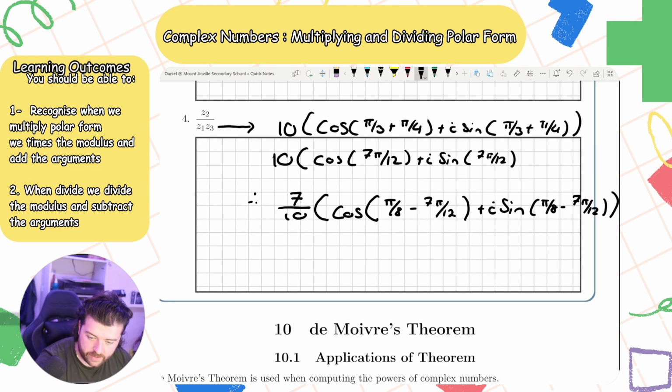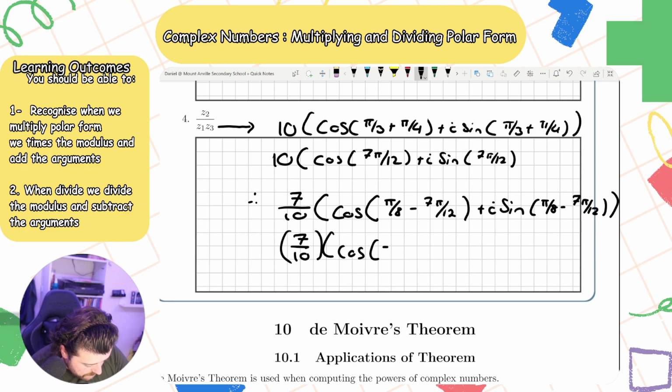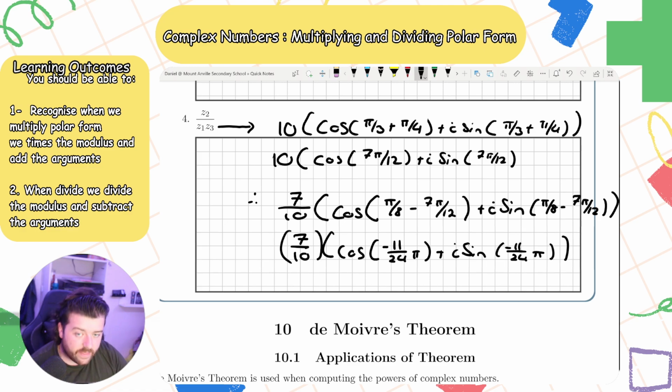That is going to give me 7 over 10 times cosine minus 11 over 24 pi plus i sine minus 11 over 24 pi. That is my final answer there.